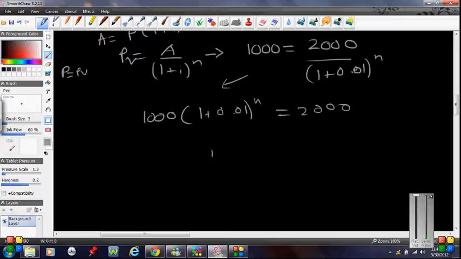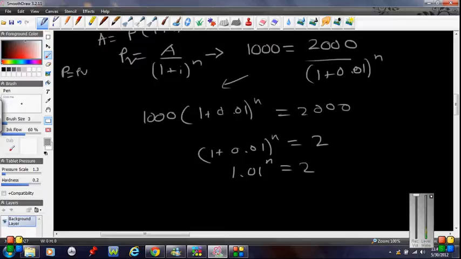It means (1 plus 0.01) to the power of n is equal to 2, because 2,000 divided by 1,000 is 2. First we have to simplify the inside, so 1.01 to the power of n is equal to 2.